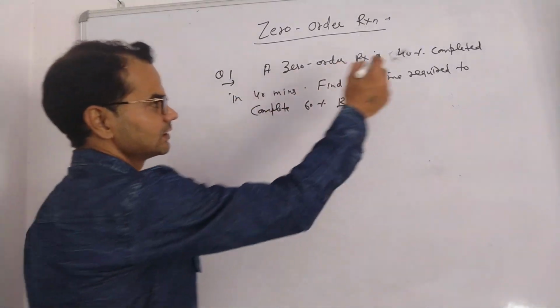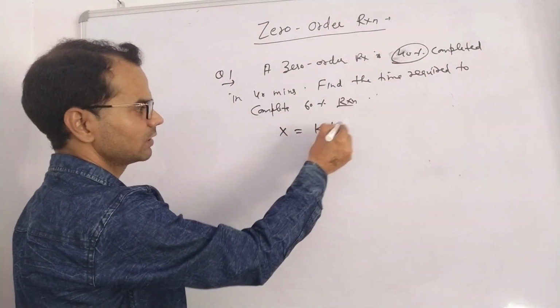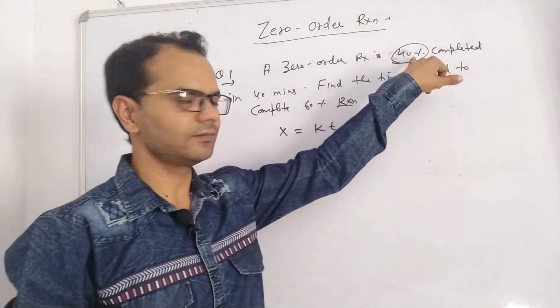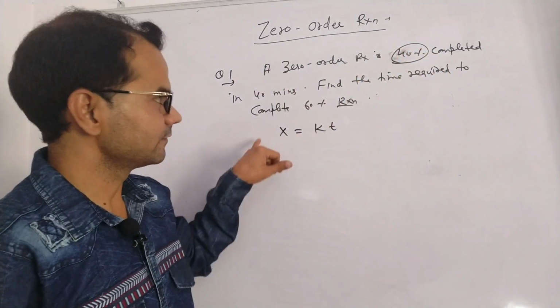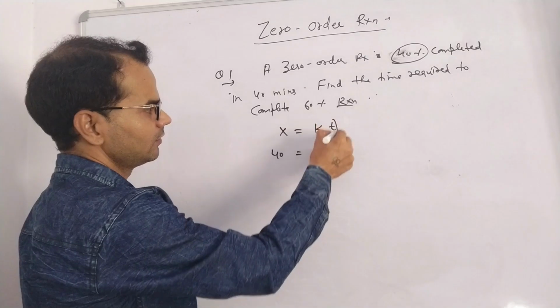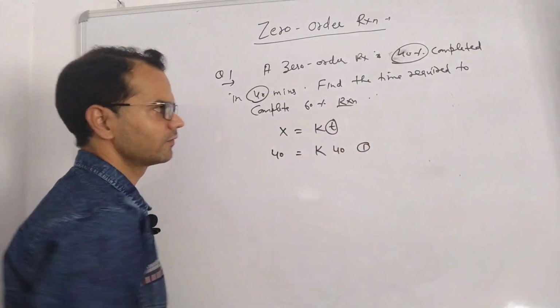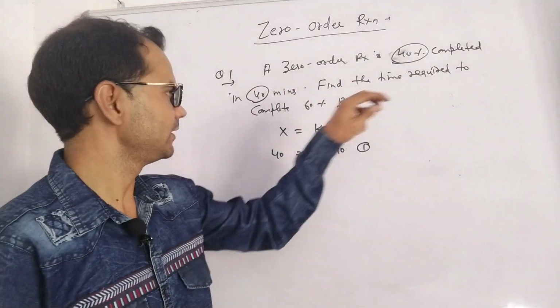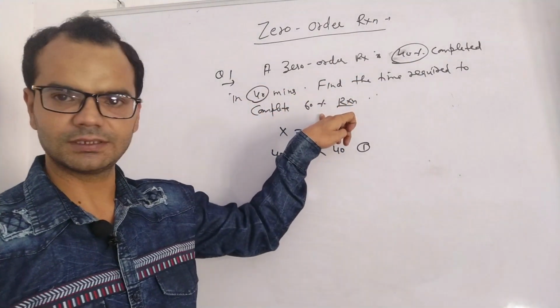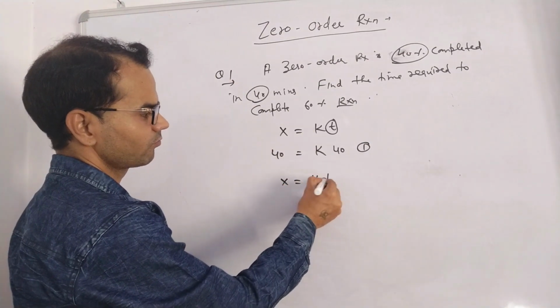So for the first condition, 40%, X equal to KT. If 40% reaction is completed, it means X is 40. 40 equal to K, time period is 40 minutes. This is the first equation. Now we have to find the time required to complete 60% reaction. So X equal to KT.